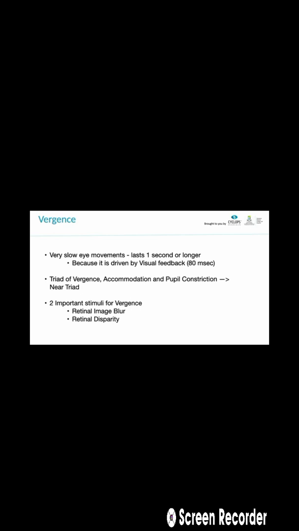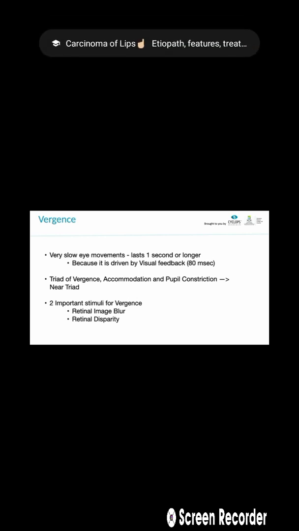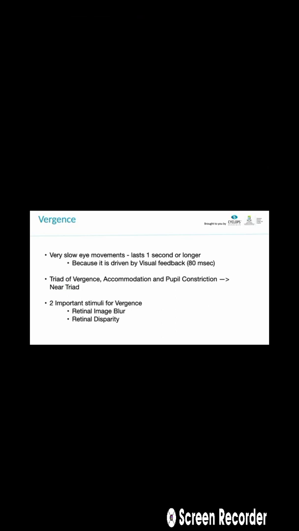The other eye movements can be directed along any meridian, like horizontal, vertical, and torsional. But vergence is most robust along the horizontal meridian because the eyes are separated horizontally in the head. And so horizontal vergence is functionally most useful.